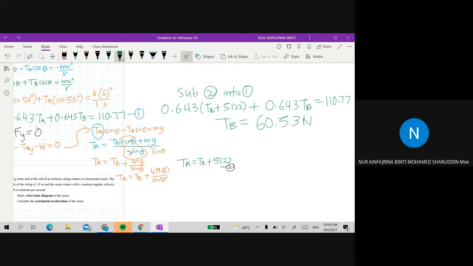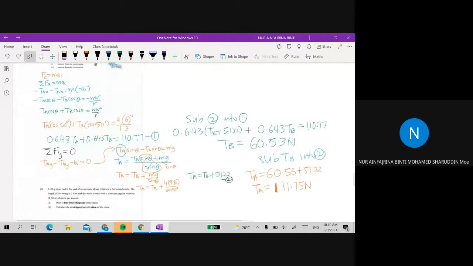Okay, then awak substitute jawapan TB awak into equation number 2. So, bila awak substitute, awak akan dapat TA awak bersamaan dengan 60.53 plus 51.22. Then you will get your tension in upper string is 111.75 Newton. Okay, boleh? Do you have any question?